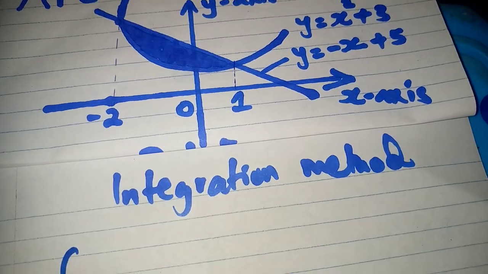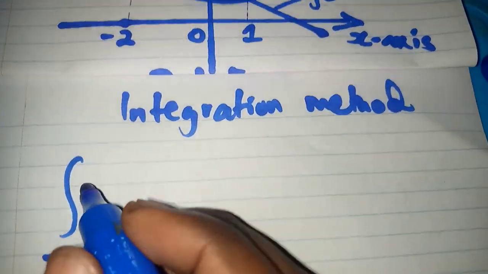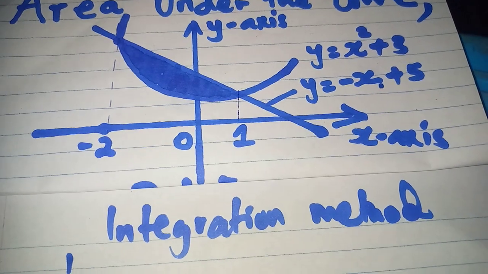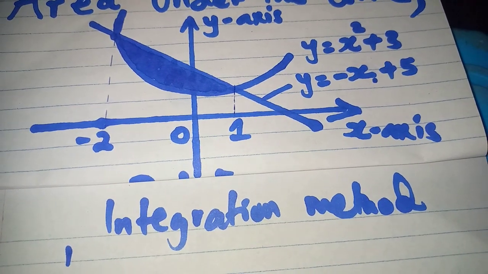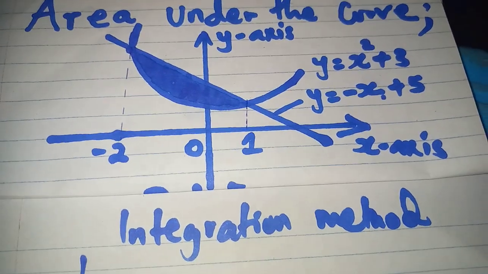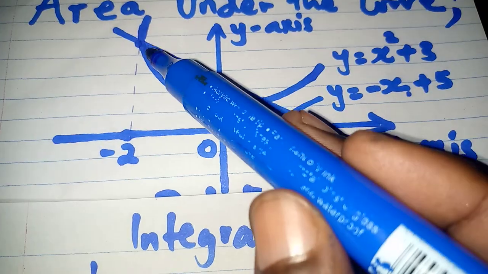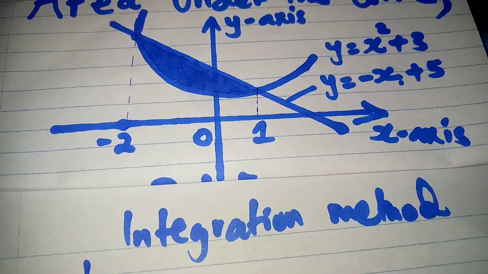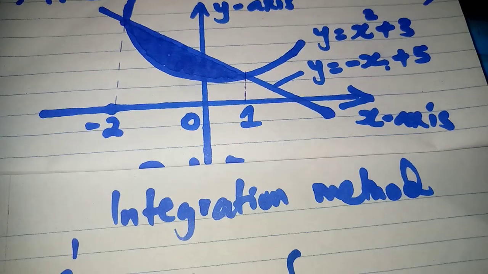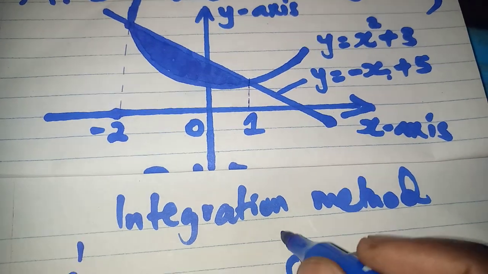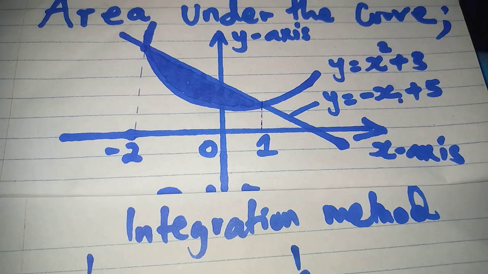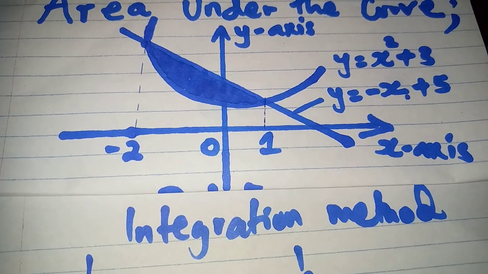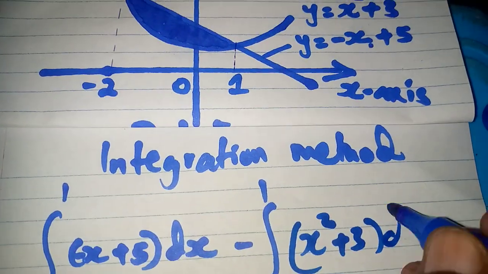I integrate from negative 2 to 1 the function negative x plus 5 with respect to x, which gives me the area under the line. Then I subtract the integral from negative 2 to 1 of the other curve function, x squared plus 3, with respect to x.